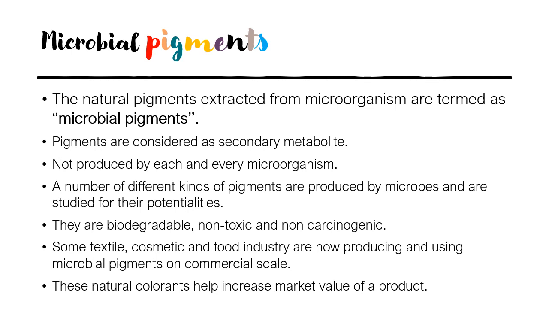They have very good properties and very good applications in the food industry, cosmetics, or textile. In these industries, microbial pigments add value to the product and give a good market value for that particular product.